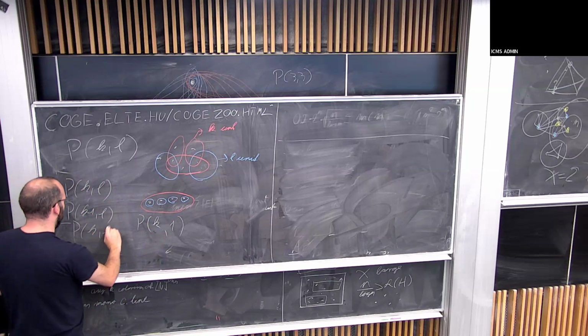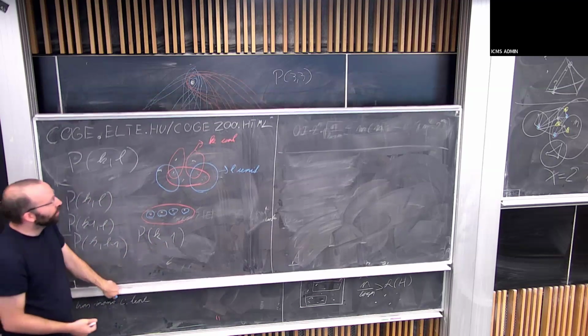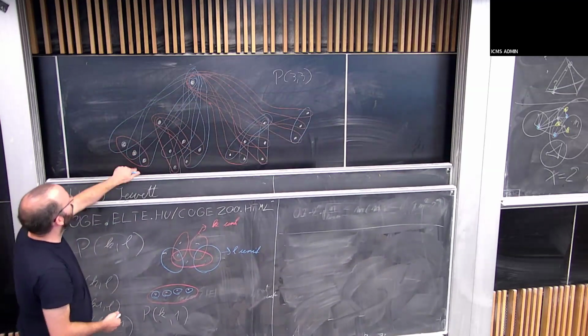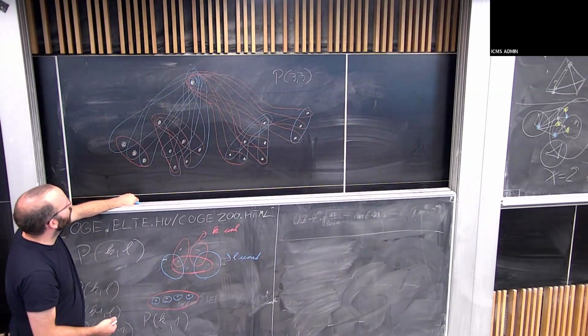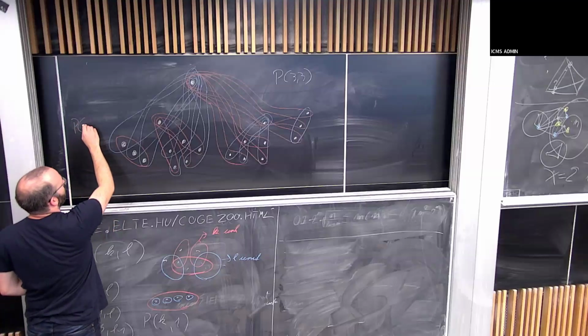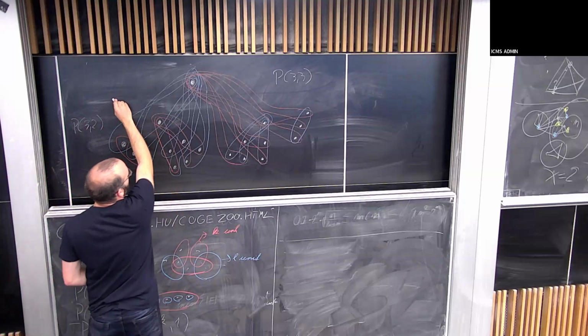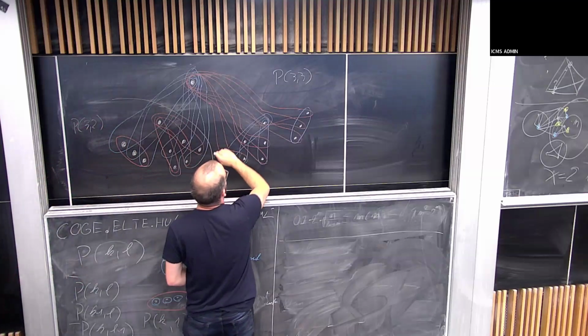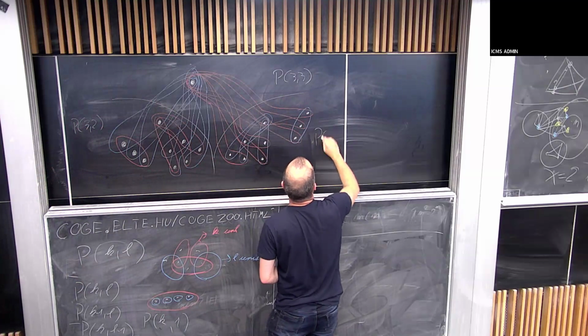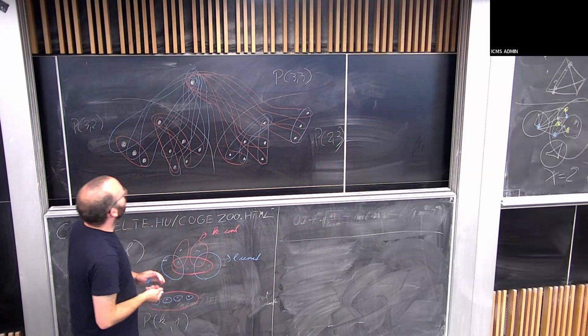So I will take these two smaller constructions, and I want to combine them into a bigger one. And this is how I do it. Here I have P_{3,2} in this part, and in this part, I have P_{2,3}.